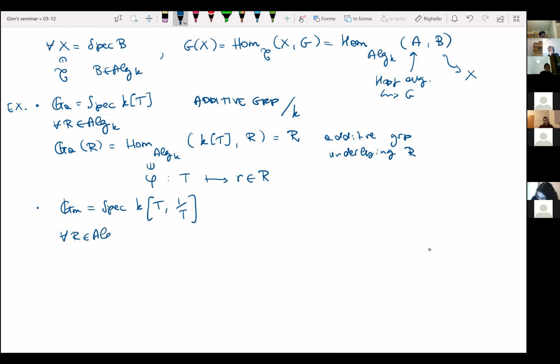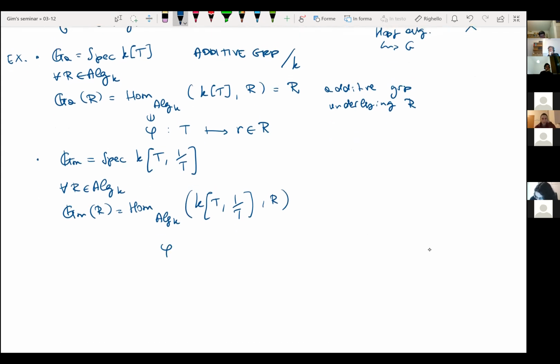Similarly as above, for every K-algebra R, G_m(R) are the morphisms of K-algebras from K[T, 1/T] to R. And again, phi is completely determined by the image of T. But since T is invertible, the image of T must be an element r which is invertible in R. So we obtain that G_m(R) is the set of invertibles, and this is a group if we see it with multiplication.